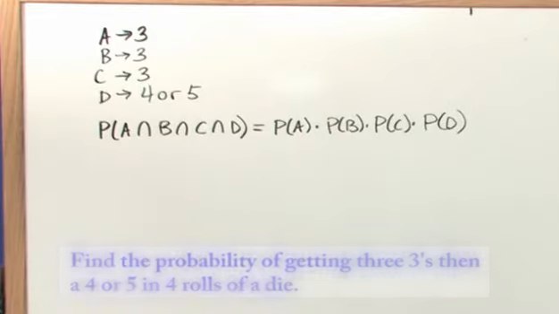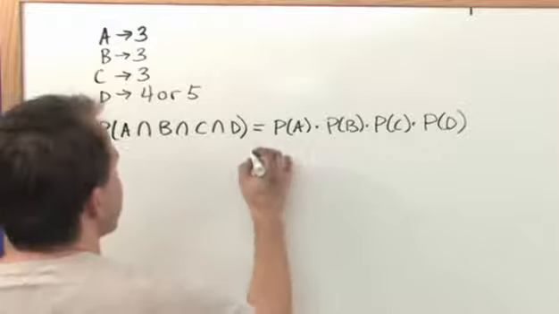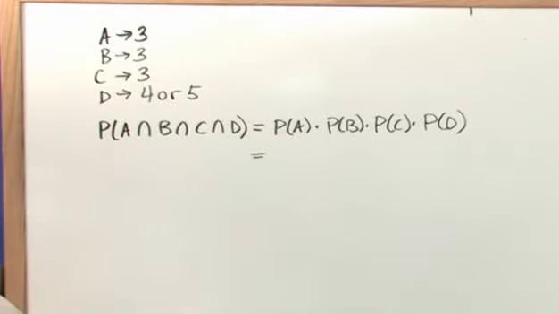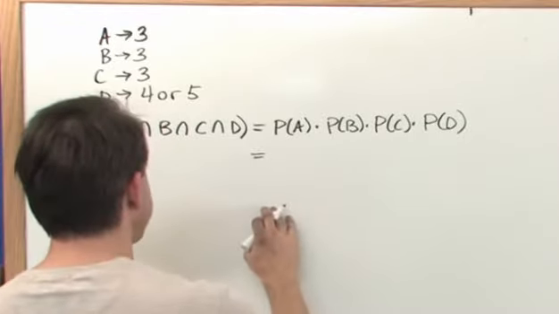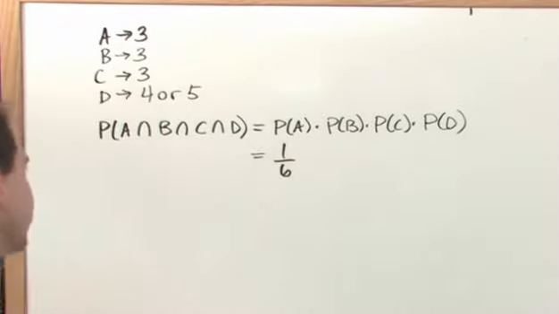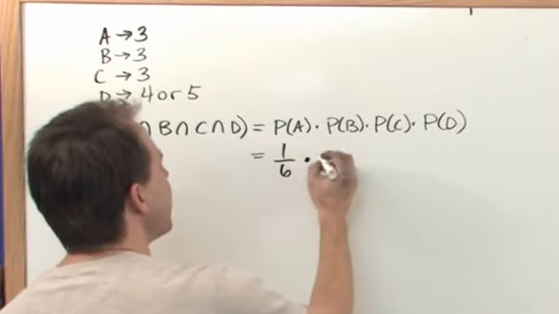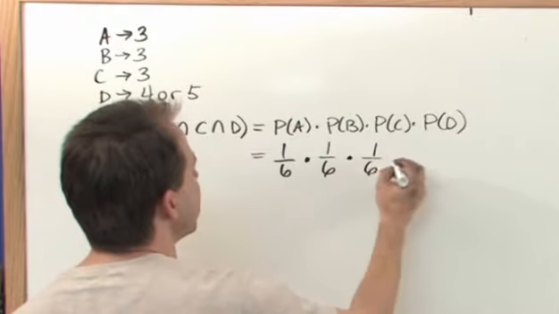You don't really need them, as long as you make sure and check for them. So the probability of A happening: what is the probability of getting a 3 when I roll the die? Well, there's 1 3 on the die, and there's 6 total sides, so the probability is 1/6. The second time I roll it, again 1/6. The third time, again 1/6.